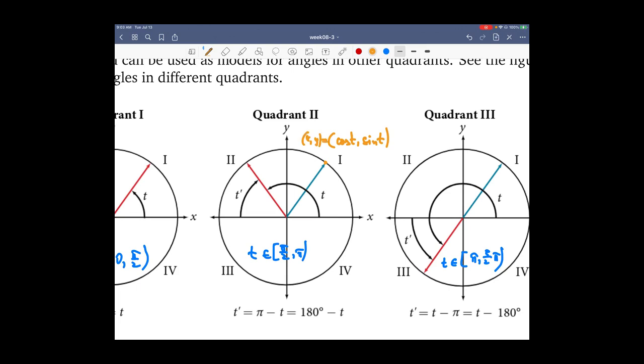X is cosine t, y is sine t. Rather, t corresponds to this point. By symmetry, we will argue that the coordinates of this point are negative x comma y, which is cosine and sine of this angle.